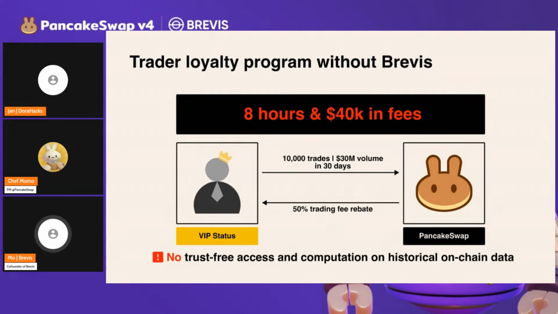Now, the second level is actually cost. Even if you do have the capability to somehow ingest the data and the insight about user behavior into your protocol, calculating the fact that a user actually traded a lot of volume in the last 30 days is super, super hard, and extremely costly, right?